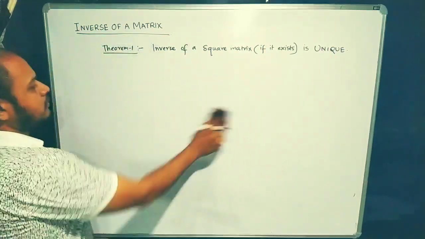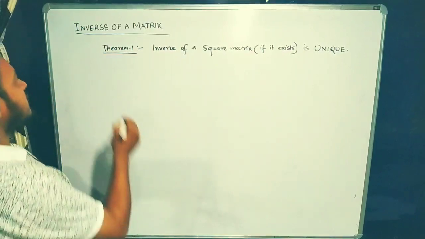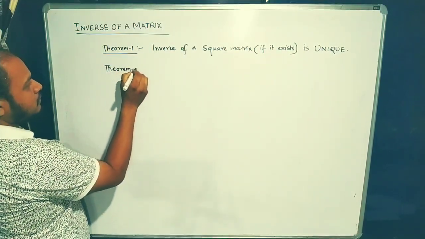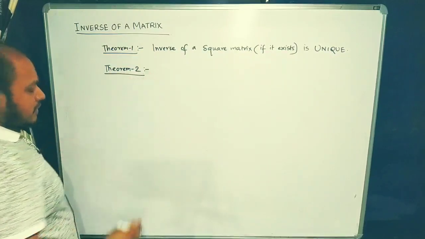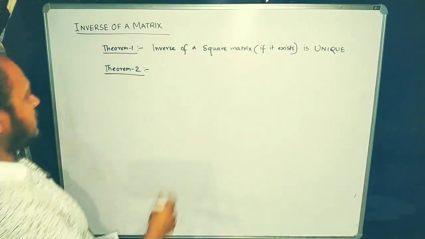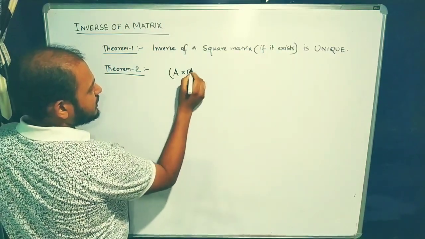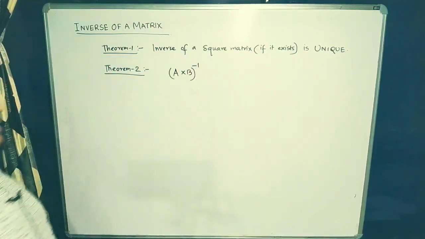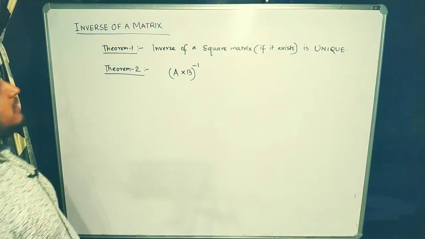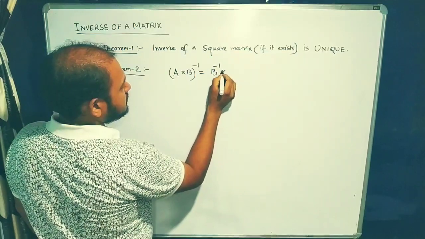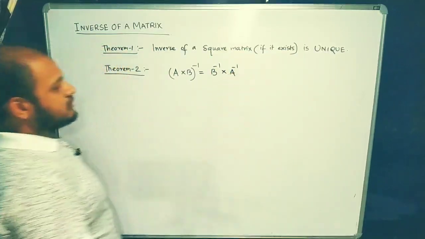So this is your first theorem, and now the second theorem is: if you are multiplying two matrices and you take the product, and after taking the product you take the inverse, then this will be equal to B inverse multiplied by A inverse.